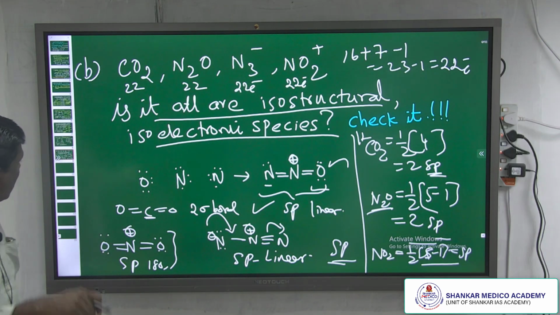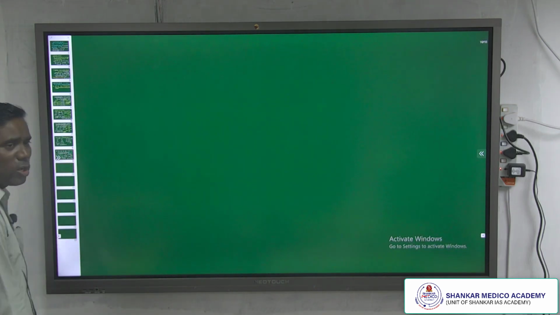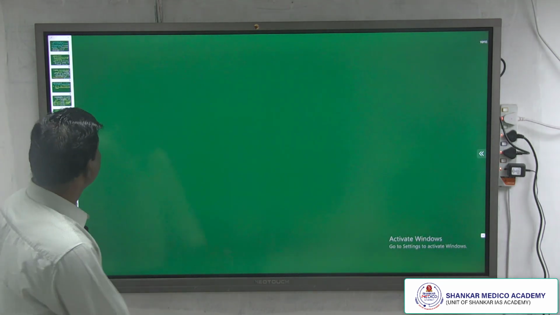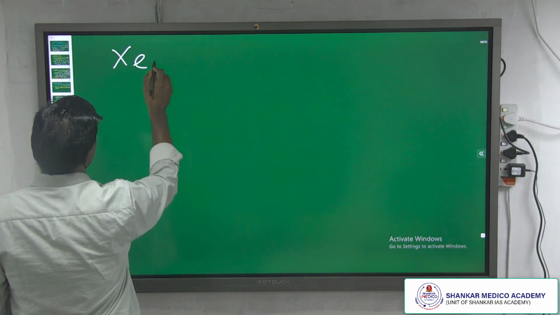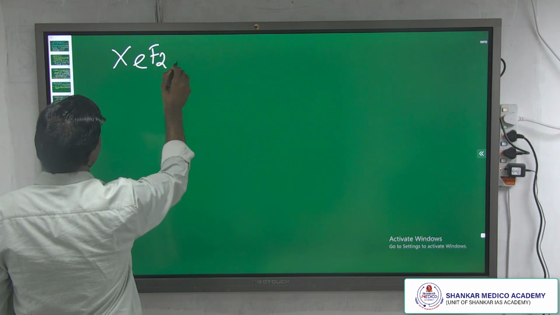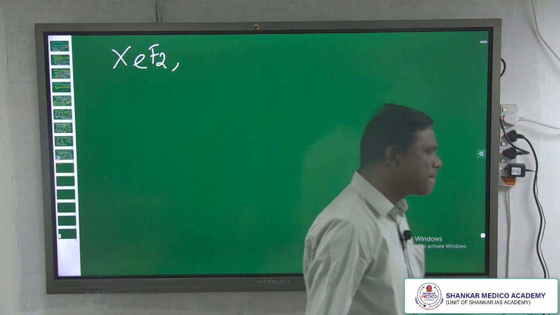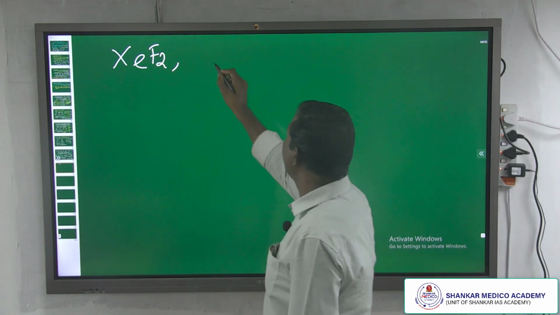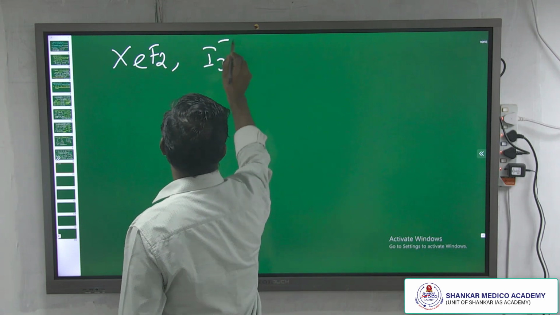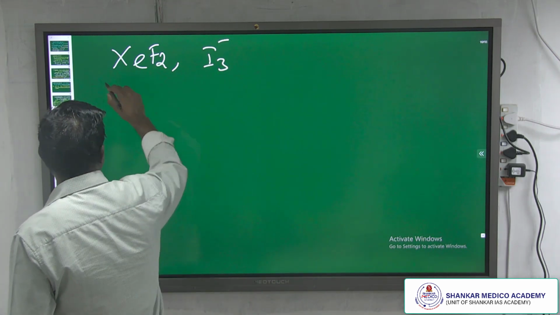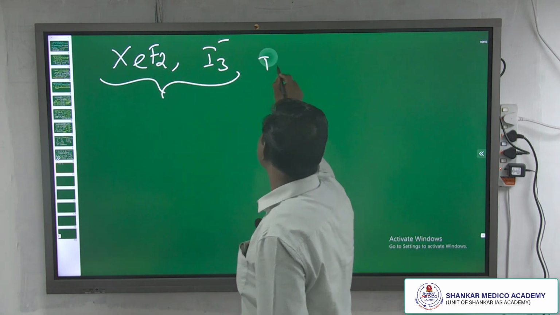Now, last, just one more example, I will show you of isostructural species. This is xenon difluoride, and another one is I3 minus. These are all isostructural species.